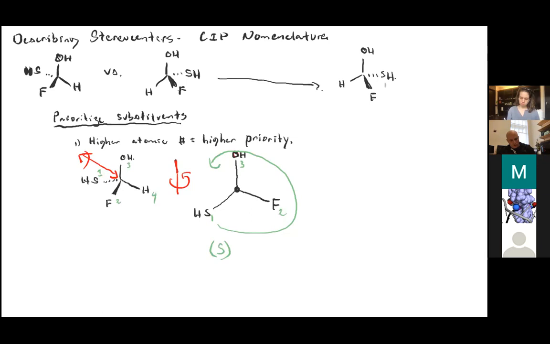So sulfur is 1, fluorine is 2, oxygen is 3, hydrogen is 4. Okay, and then remember, you must look down the bond between carbon and the lowest priority substituent to do this properly. So we need to reorient as we did before.